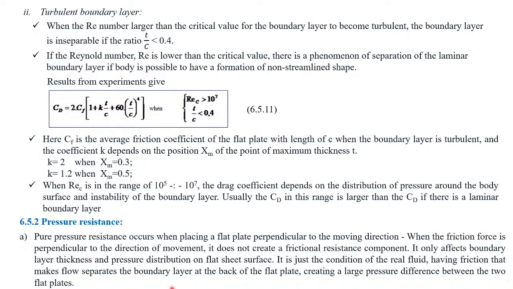When the friction force is perpendicular to the direction of movement, it does not create a friction resistance component. It only affects boundary layer thickness and pressure distribution on the flat plate surface. It is just the condition of the real fluid having friction that makes the flow separate the boundary layer at the back of the flat plate, creating a large pressure difference between the two sides of the plate.